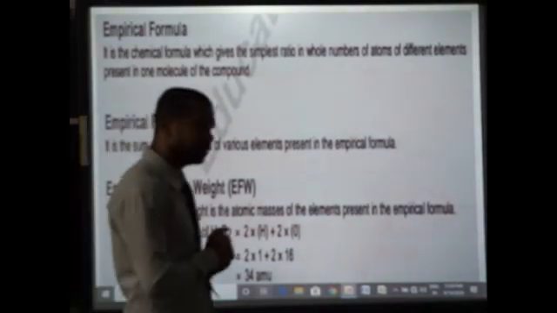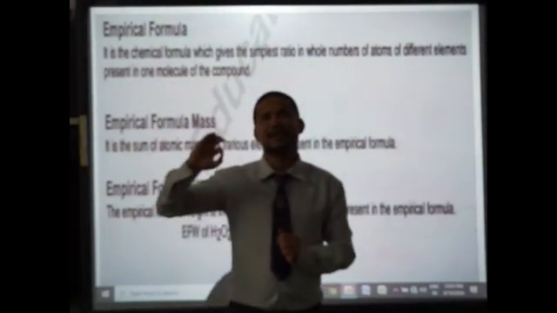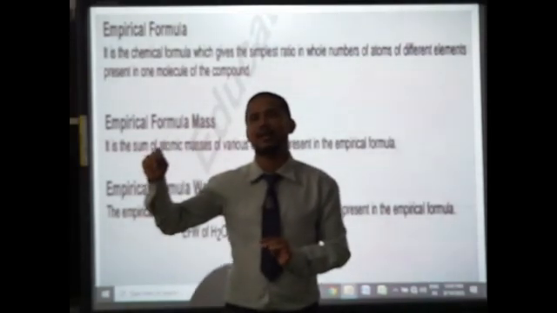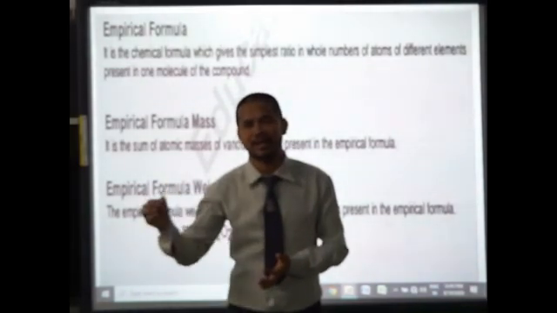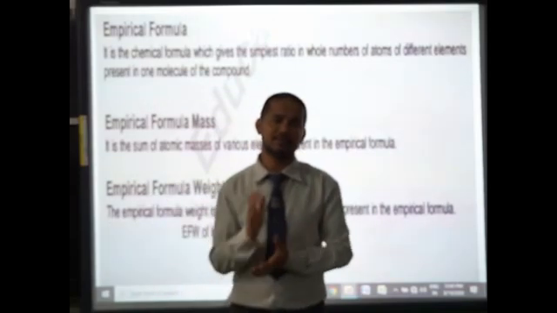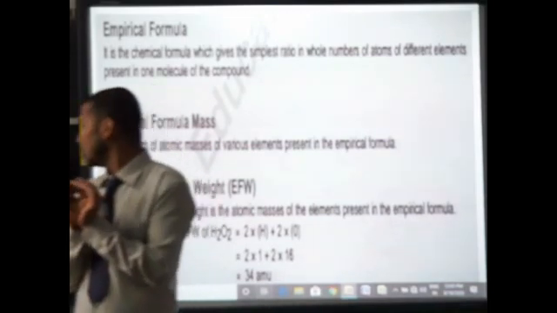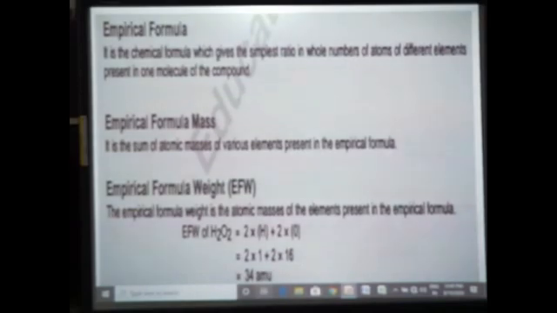For example, the empirical formula of glucose is CH2O, that is CnH2nOn becomes the empirical formula. So we'll learn how to find the empirical formula in the classes to come.